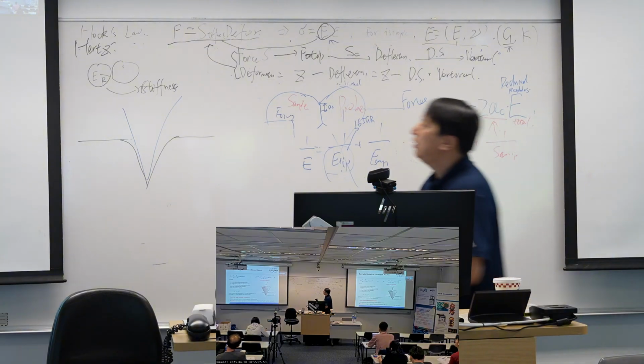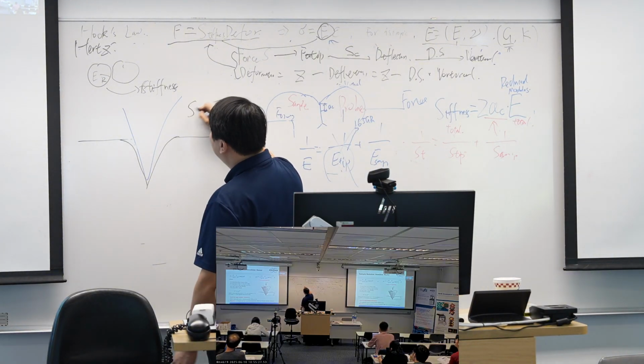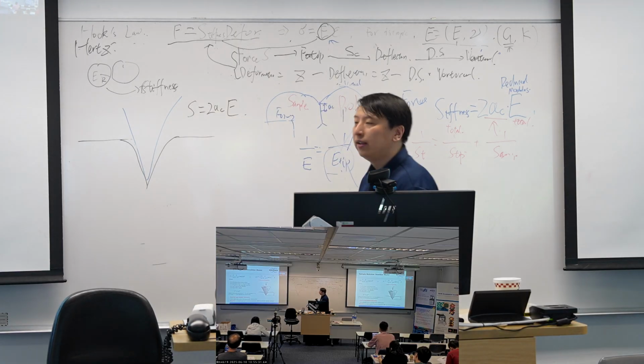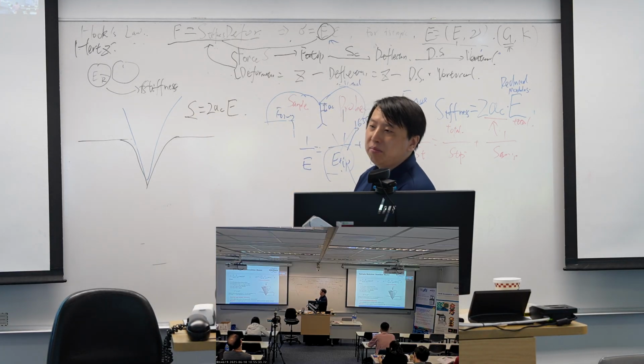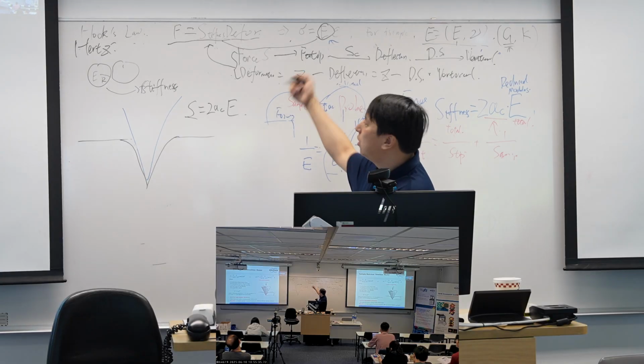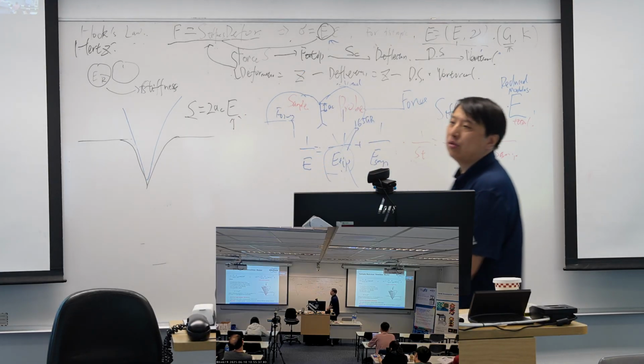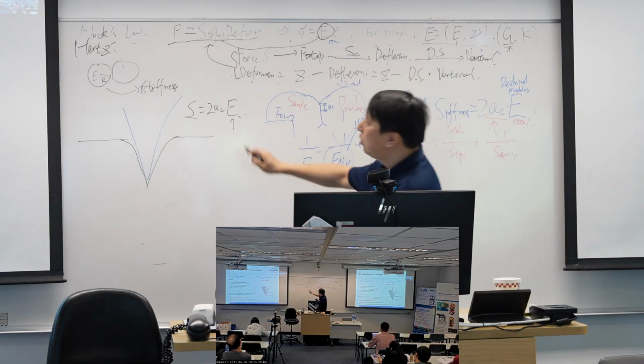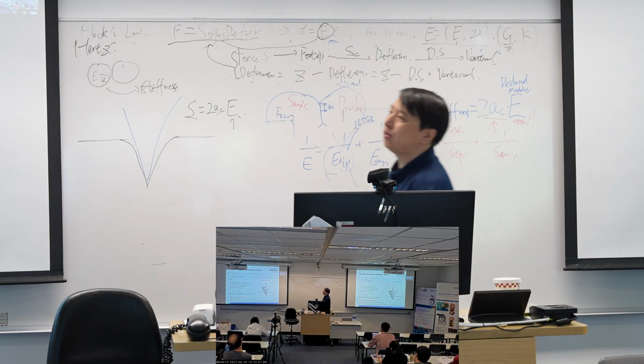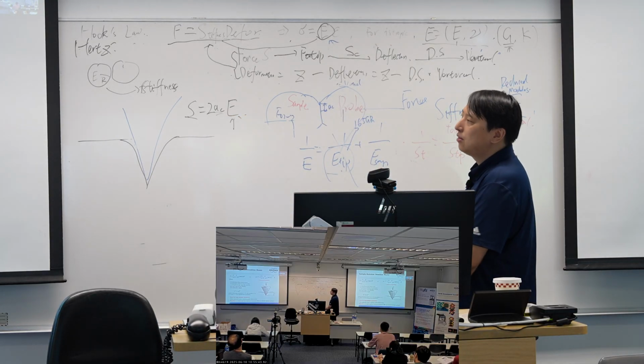And his job is, I have the Hertz model S equals 2 a_c times modulus. Stiffness I can measure using the force curve. Modulus is my holy grail, what I want. So his job is to get the a_c, the contact radius, out.